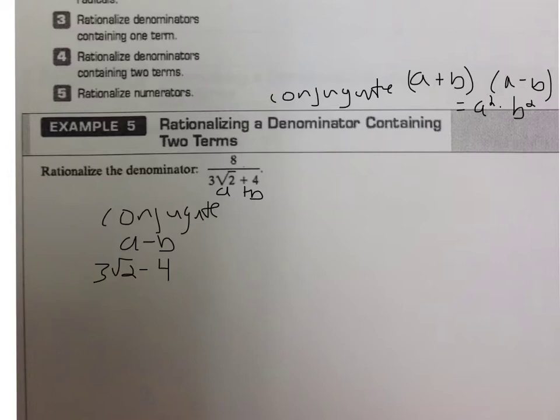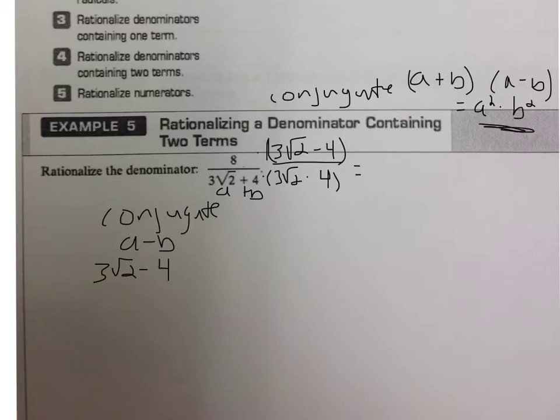So let's look at it. If we take and multiply the bottom of this first example by the conjugate, 3 square root of 2 minus 4, you've got to multiply the bottom by that and the top by that. Okay, we're timesing both of these. On the bottom, just like I said, it's going to become a squared minus b squared.